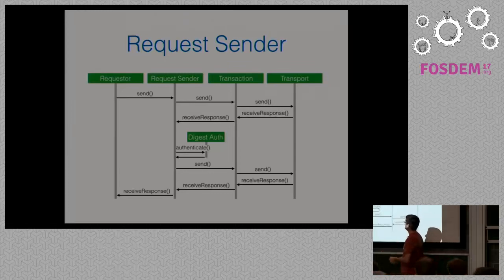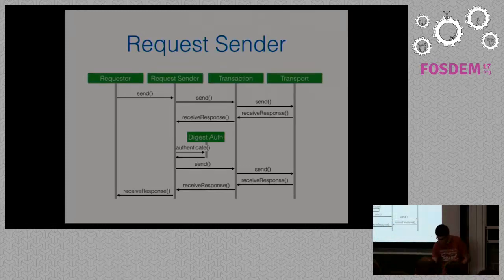It delegates to the request sender, who creates a SIP transaction and delegates the sending of the packet to the transport, who uses the socket, and everyone does its thing. For example, the request sender, in case there is a need to make a digest authentication, we don't deliver it to the original requester, but we absorb and consume it on the request sender, making this more modular and even cleaner.